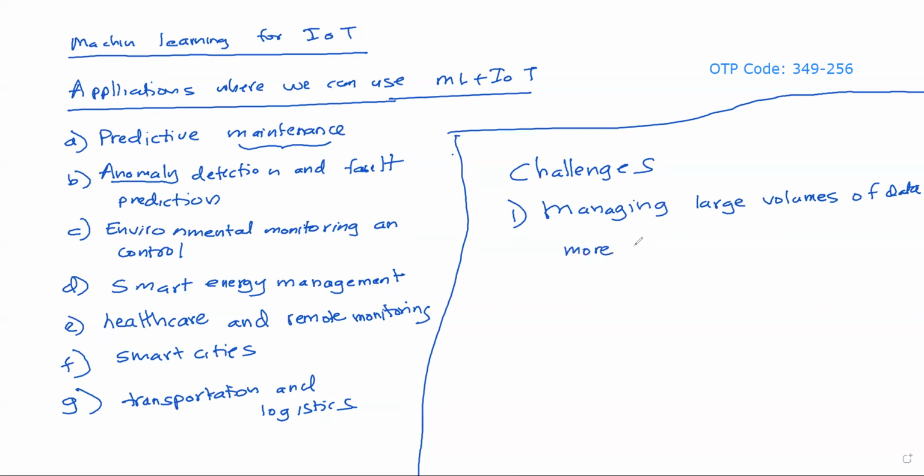More data means more accurate predictions. However, once the data is above a certain level, the system faces challenges in controlling the data.